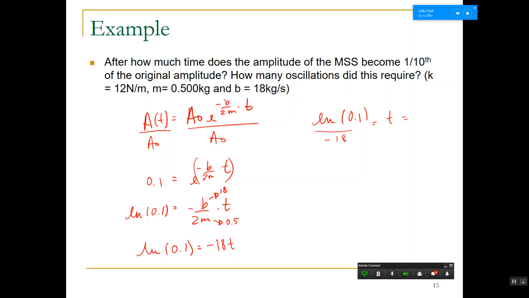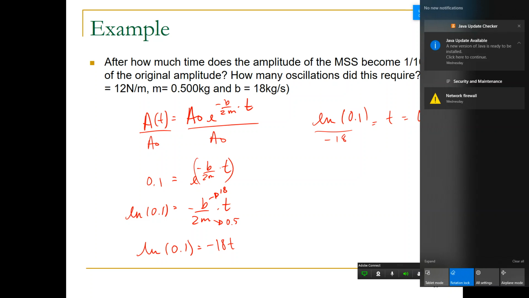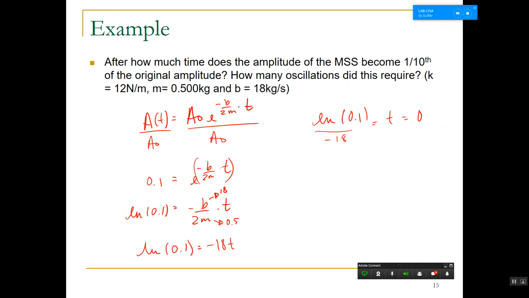I have my calculator, but I'm really lazy. What are the units?